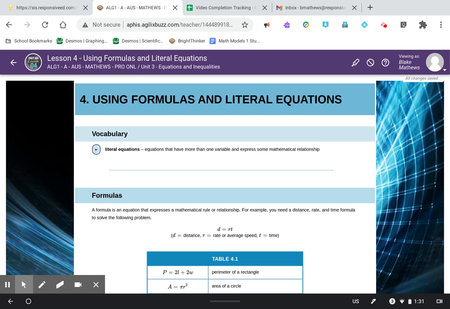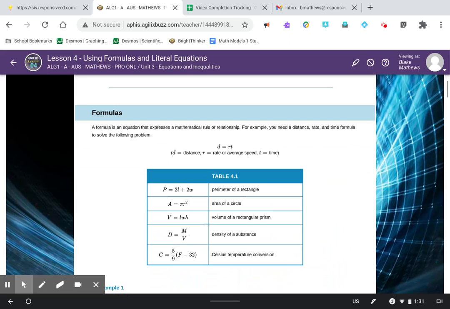So when we talk about using algebra with literal equations, we're talking about being able to rearrange equations in the way that we've learned so far, even if we're not dealing with numbers.